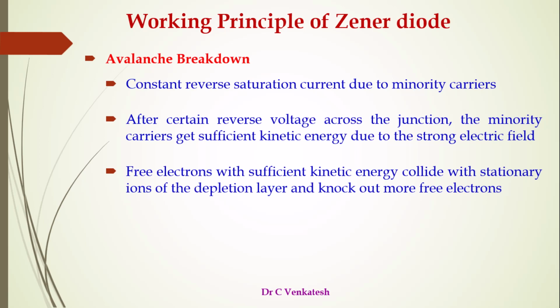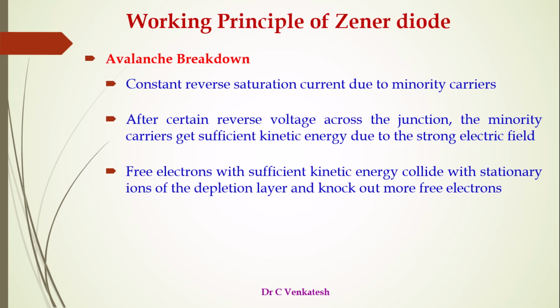After certain reverse voltage across the junction, the minority carriers get sufficient kinetic energy due to the strong electric field. Free electrons with sufficient kinetic energy collide with the immovable ions in the depletion layer.